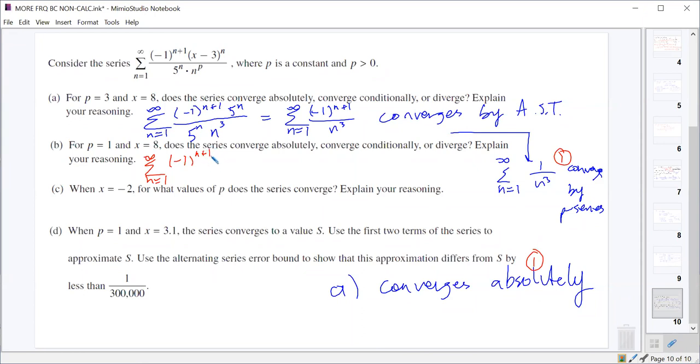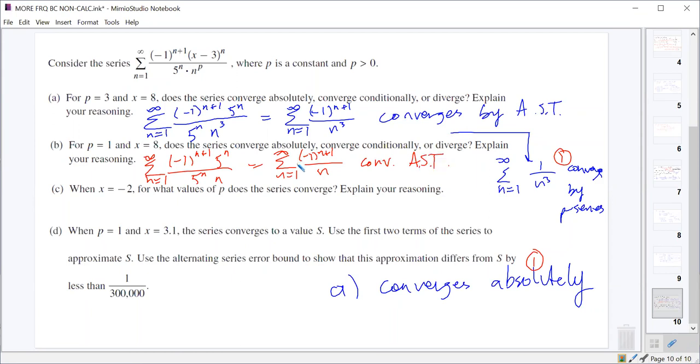Like we just said, x is 8, so that's going to be 5 to the n, which will cancel with the 5 to the n in the denominator. And now we just have an n down here. So we cancel those out. This converges by the alternating series test.